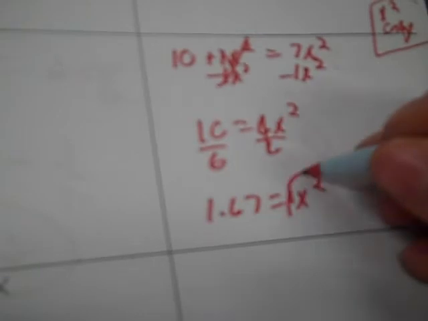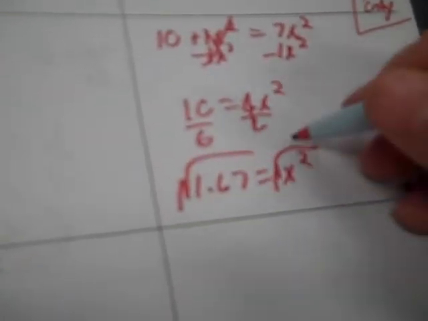Then we're going to have to find the square root of 1.67. That cancels. Now you're just doing a square root, so you can do this old school second and then the x squared, because it's just a square root, because it was a second power, 1.67. That's 1.29, or it could be the negative 1.29.